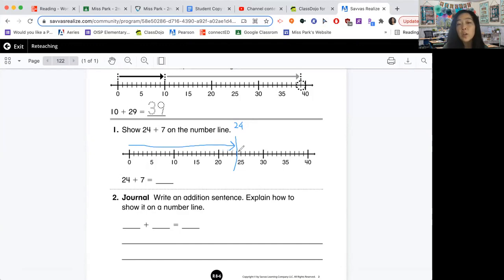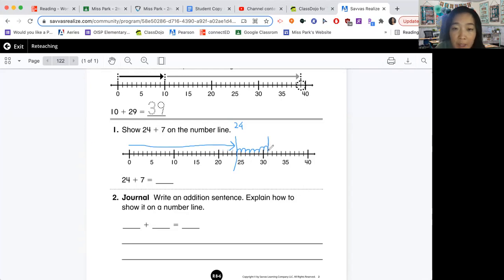Now, from 24 you're going to add on 7. The easiest way I found to do that is by making these little hills. By making these hills, it's easier for me to get to 7 and count correctly. So I'm going to do that right now. Ready? 1, 2, 3, 4, 5, 6, 7.